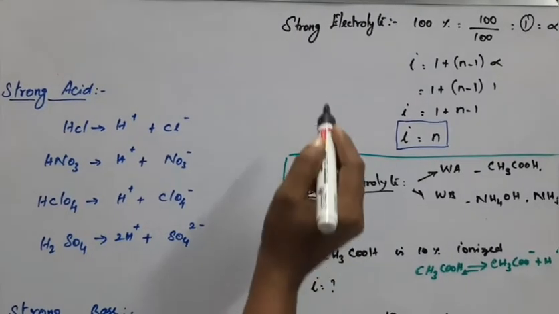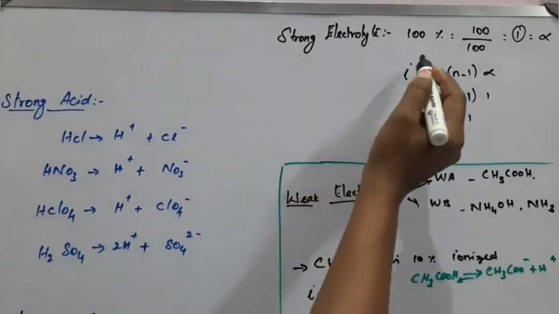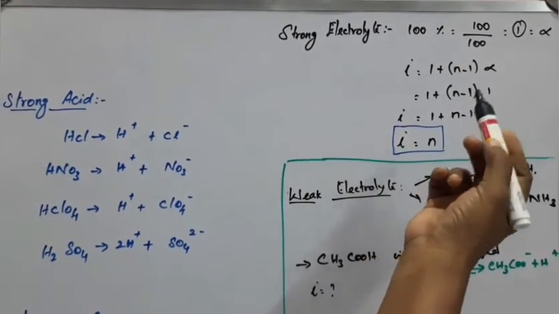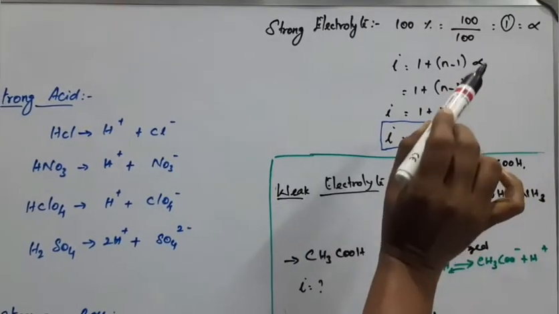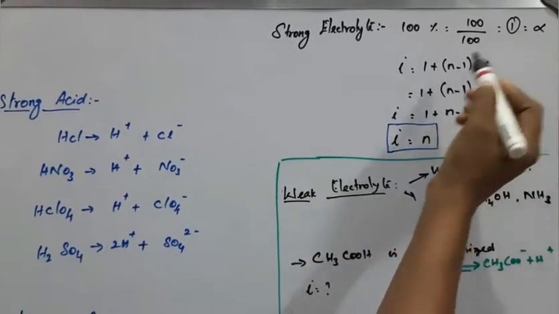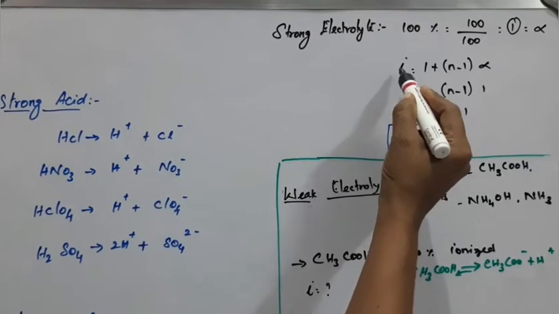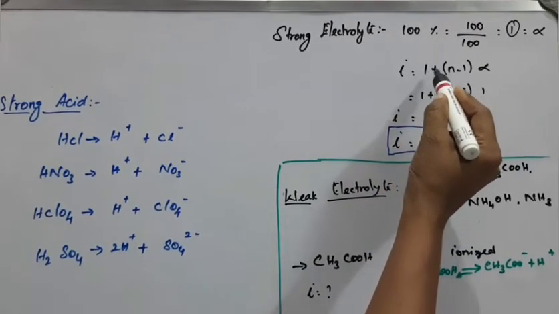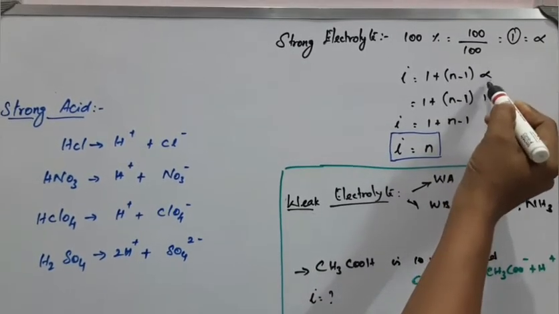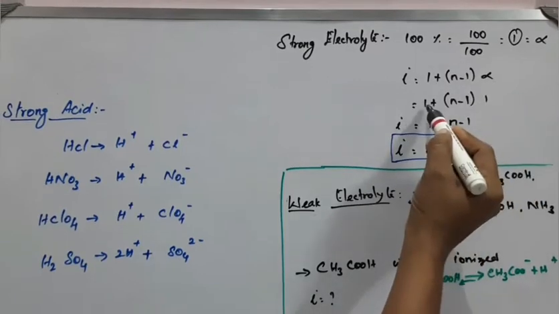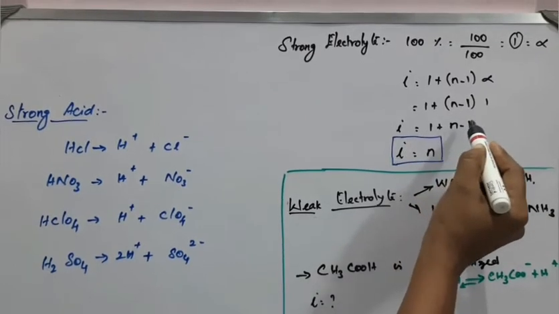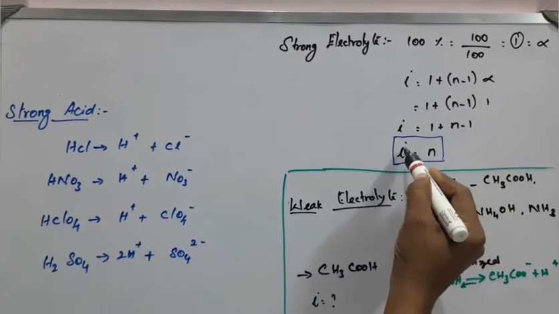Here, a strong electrolyte means it undergoes 100% dissociation, so alpha equals 1. We know that for dissociation i equals 1 plus (n minus 1) alpha. Substituting alpha equal to 1, the plus 1 and minus 1 cancel, and we get i equal to n.